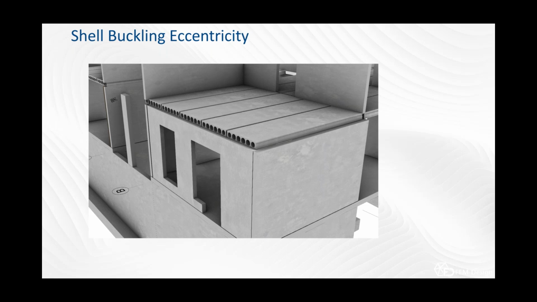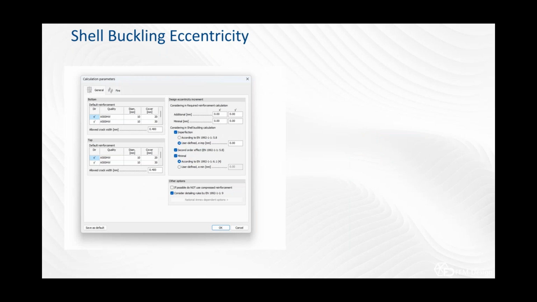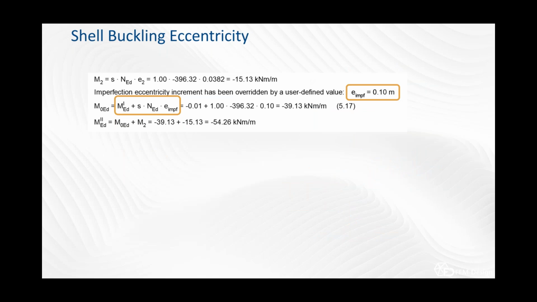And here is a small display of a 3D model where you have eccentric compression. And as I said, due to some thickness change, you can also have eccentric compression. It's either loading eccentricity, and this can be defined as it is presented here.